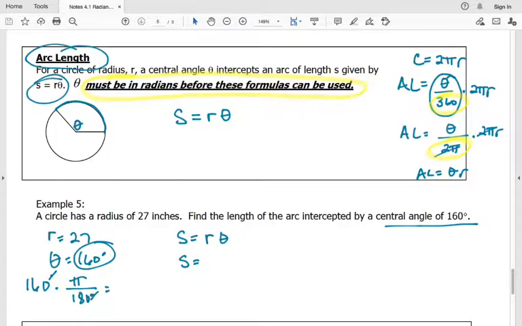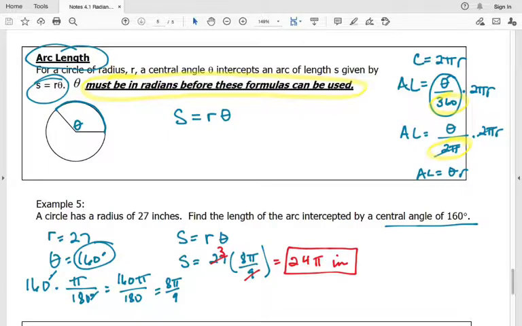I'll get 160 pi over 180, which simplifies to 8 pi over 9. So when I use my formula, I'm going to say the radius times 8 pi over 9. 9 goes into 27 3 times, so that simplifies to 24 pi, and my units are inches. Whenever you do arc length, your units will always be something like inches or feet or centimeters.